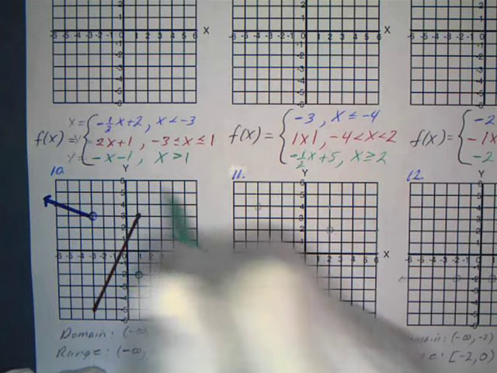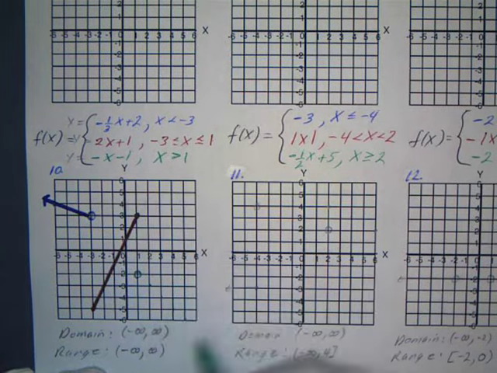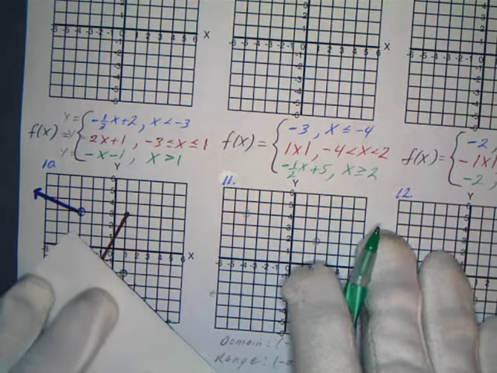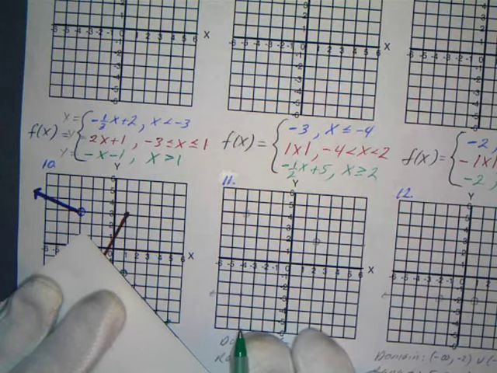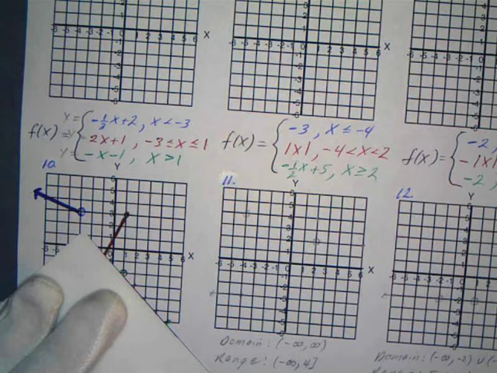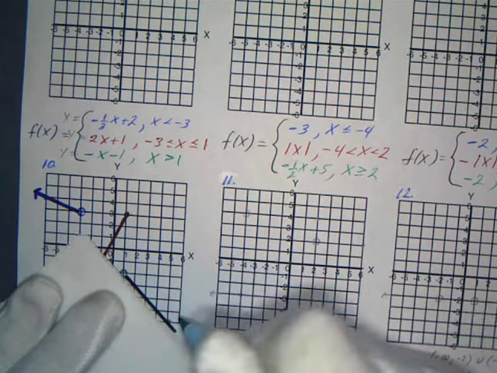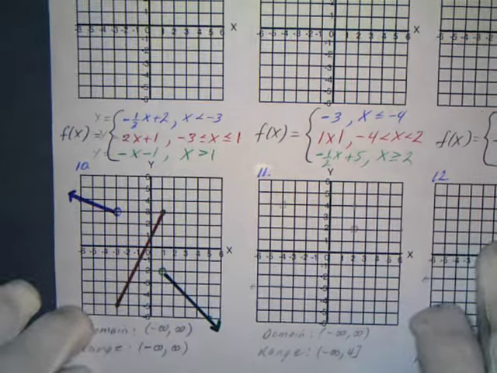So when x is 5, right over here, what's the y value? Well, if I put 5 in here, I got negative 5, and negative 1 is negative 6, so it's down here. And I'll go right through there. And you see the slope is negative 1, so it kind of makes sense. It's going down 1 over 1, down 1 over 1, so that does kind of check. That's my green function, so let me use the right color here. And there you go. So there's the piecewise function.